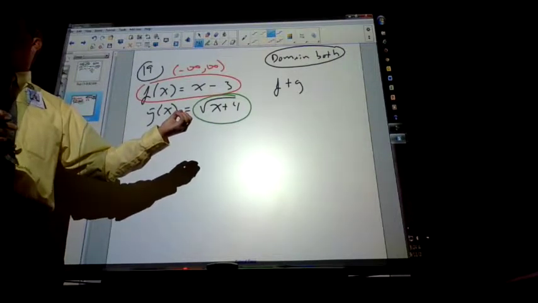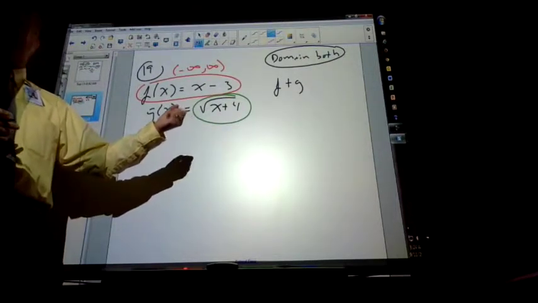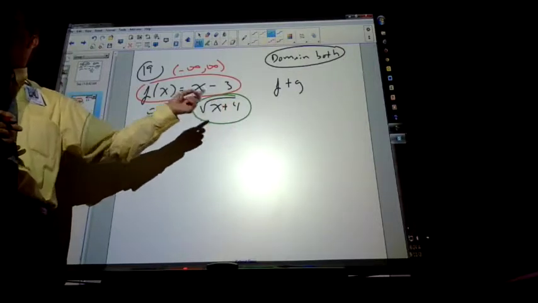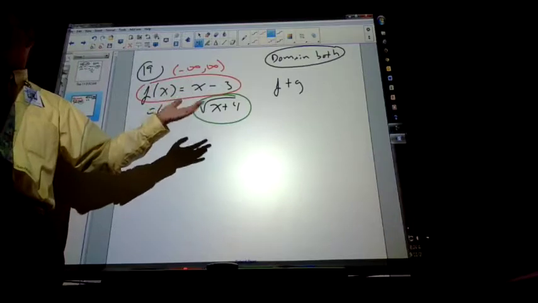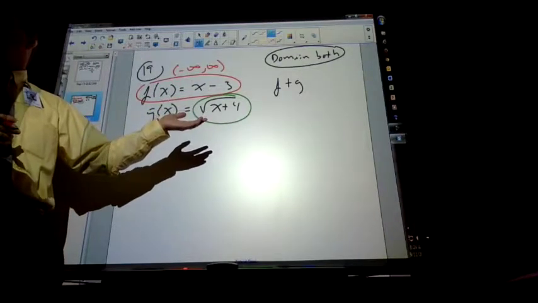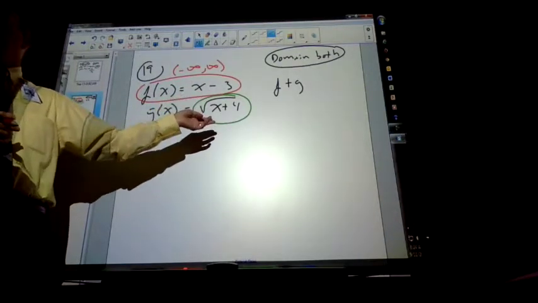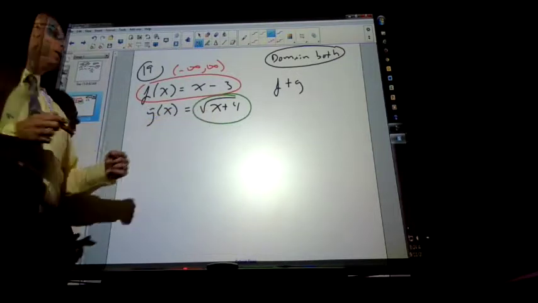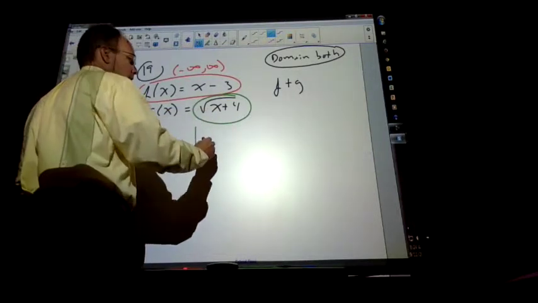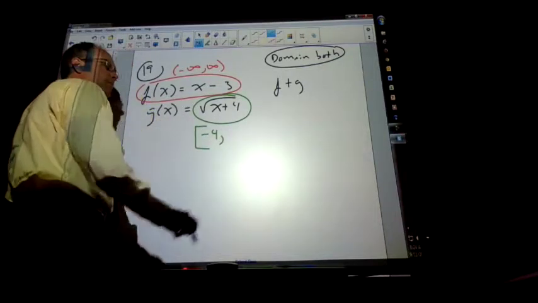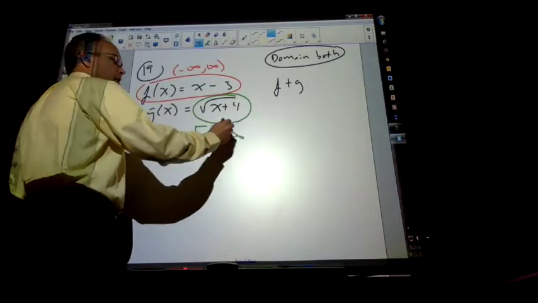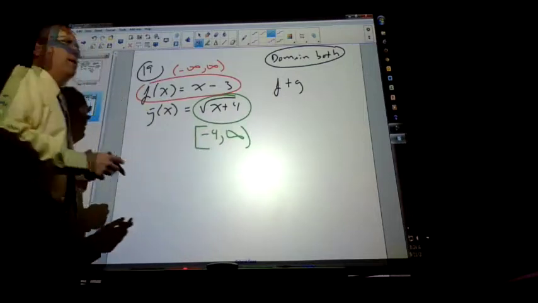Negative 4 is going to work. What about if I plug negative 5 in? Negative 5 plus 4 is negative 1, and the square root of negative 1, for those of you who remember, is i, but we're trying to get real numbers, not imaginary. So can I plug negative 4 in? Can I plug anything smaller than negative 4 in? So negative 4 to infinity is going to work. Okay? So there's the domain of that.